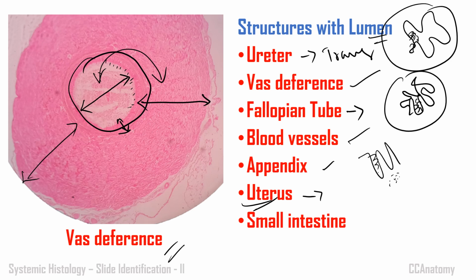Because most colleges have slides taken from smaller animals like rabbit or rat, in which you can see the complete lumen in the uterus also. So be aware of this point: the uterus may contain a lumen in low power magnification. Then the small intestine you can easily identify with the presence of villi.